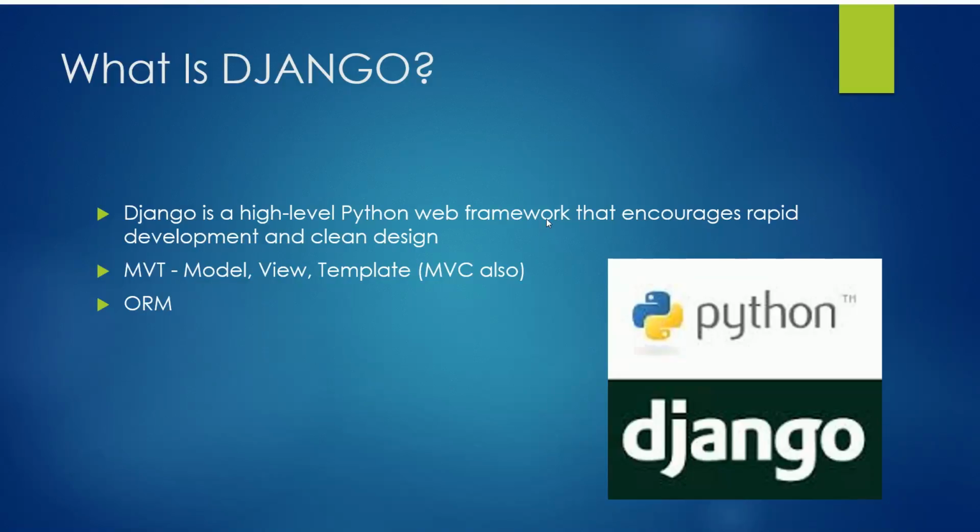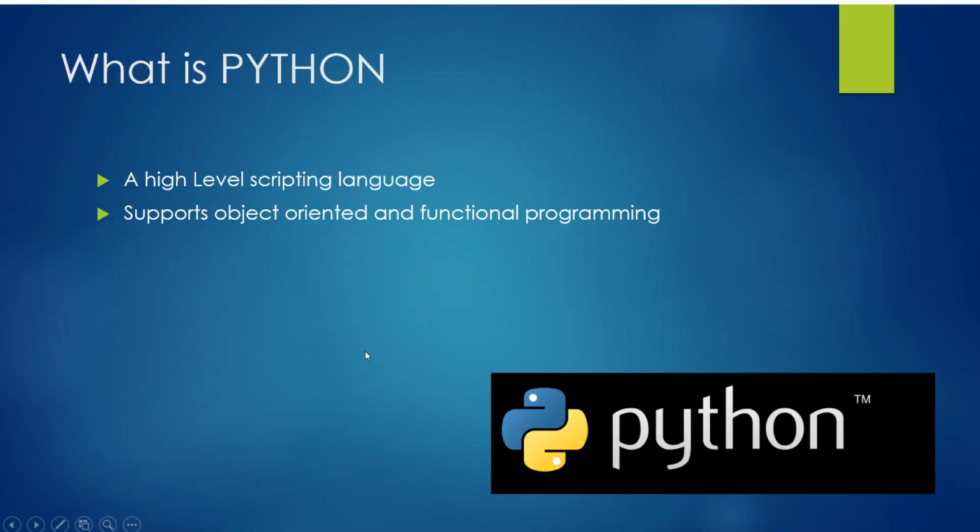Django is also an object relational mapper, or ORM, which is just a programming technique for converting data between incompatible systems in object-oriented programming. As I said, Python is the programming language that is used to create the projects and applications along with Django.